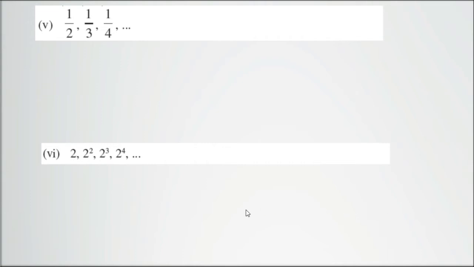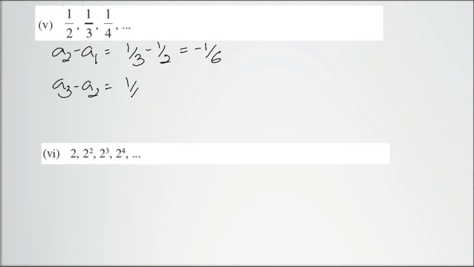Let's look at the fifth question. 1 by 2, 1 by 3, 1 by 4. Here, what is a2 minus a1? a2 minus a1 is 1 by 3 minus 1 by 2. LCM is 6. So we'll be getting 2 minus 3 in the numerator, which is minus 1 by 6. a3 minus a2, 1 upon 4 minus 1 upon 3.